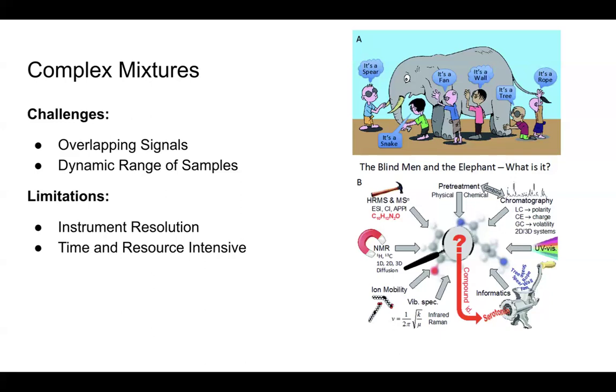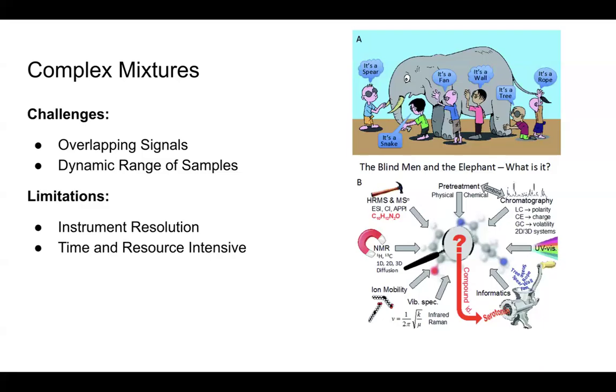Now, in terms of technological limitations, so the ability to accurately distinguish between closely related peptides or ions depends on the resolution of the mass spectrometer that you have. So low resolution instruments may struggle to separate and identify peptides accurately in complex mixtures.